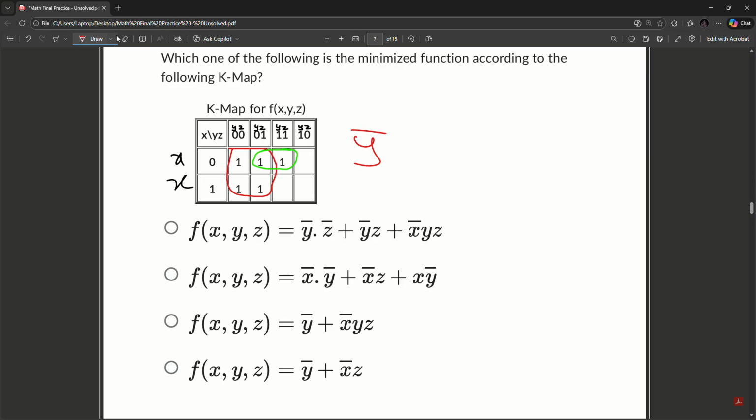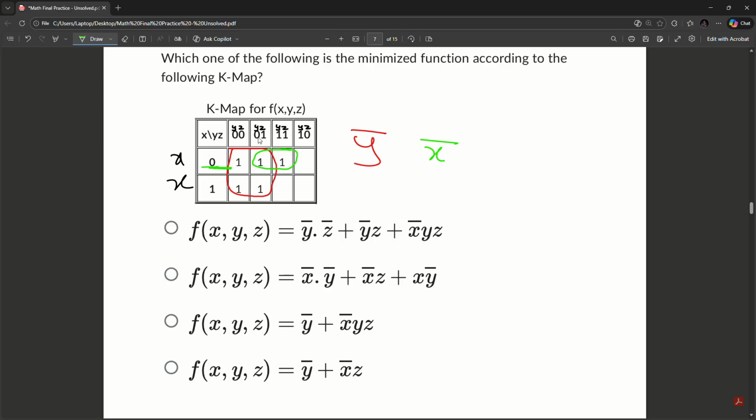Now, for the one in green, what this means is that if x is 0, it's going to be 1. But then as you see here on the bottom, it does not make a full square. So if x is 0, it will give an output. So x complement, because if x is 0, it will give an output.